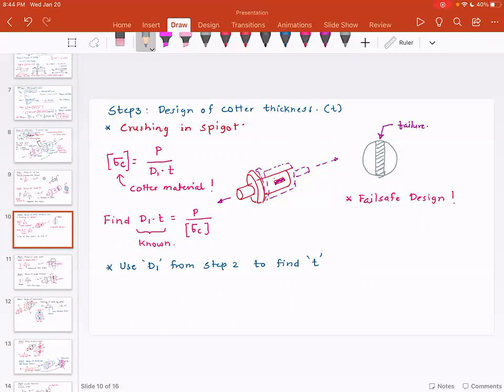Even better, if you want to look at a cotter joint that is readily available at McMaster or Grainger, they will give you standard proportions of cotter joint. You can use those, but make sure that the dimensions of that cotter joint are greater than the dimensions that you found using the engineering calculations here.